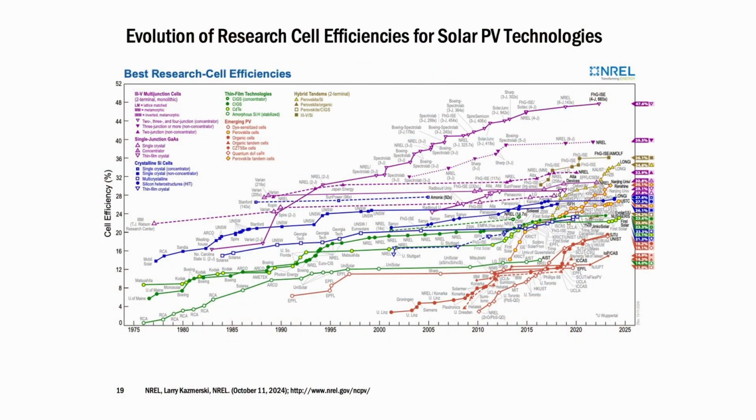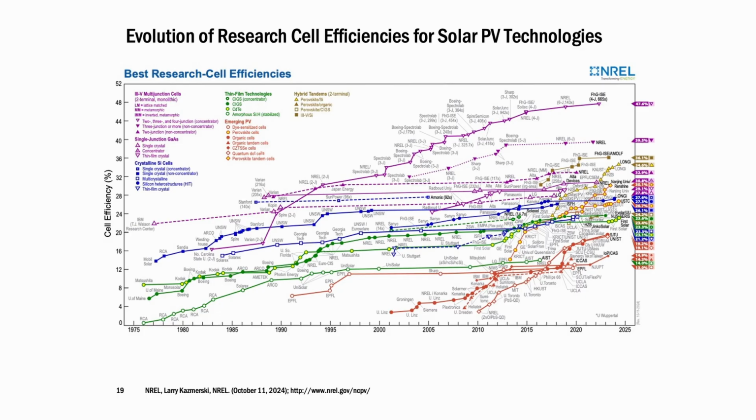This NREL chart, a National Renewable Energy Laboratory chart, shows the best efficiencies achieved in a lab for different semiconductor materials and device types over time. Something to keep in mind when looking at these efficiencies is that lab efficiencies are going to be higher than the efficiencies that you actually see in the field.